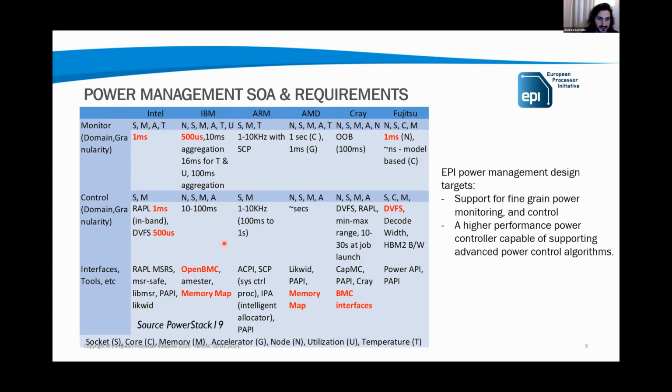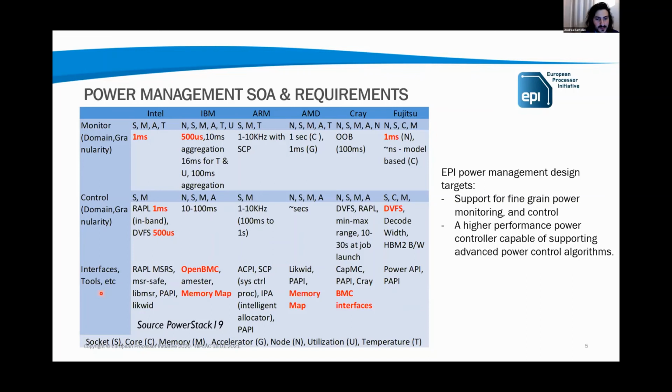If you take Intel, for instance, the internal logic allows the software to change frequency at the speed of 500 microseconds, and the power capping logic internally works at a time scale of milliseconds.